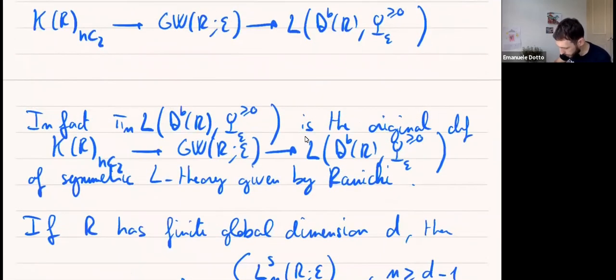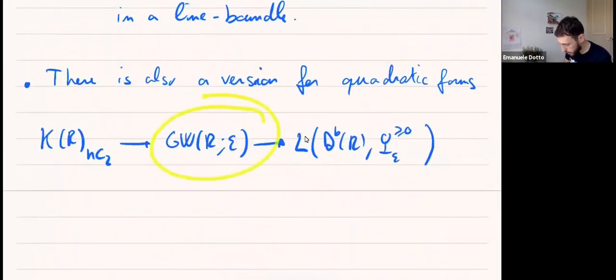You can take the relative spectrum, but instead of starting with the algebraic notion of a symmetric form, you start with an algebraic notion of quadratic form. So let me write a little Q up here. So start with quadratic forms.